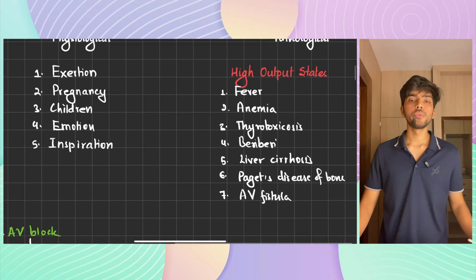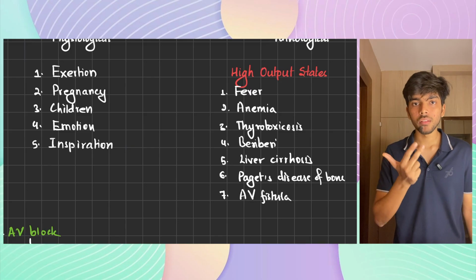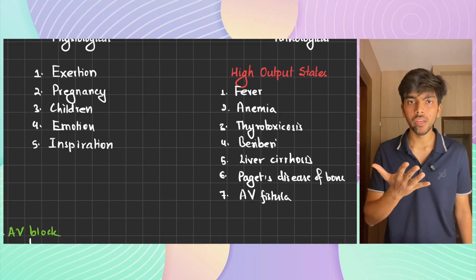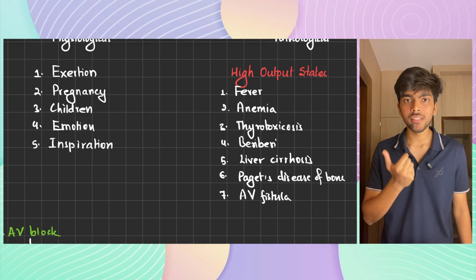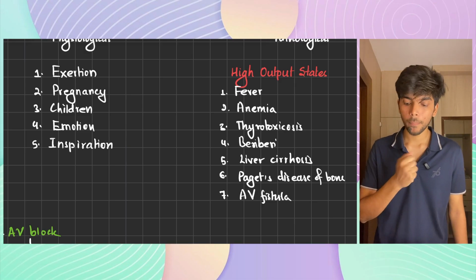So what are the high output states? Fever, pregnancy, anemia, thyrotoxicosis, beriberi, liver cirrhosis, Paget's disease of bone, and arteriovenous fistula.